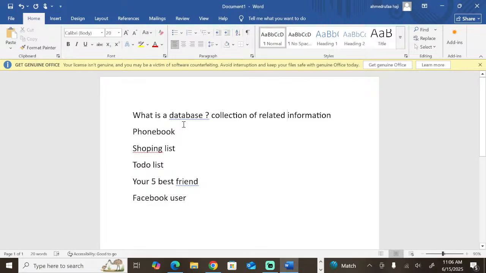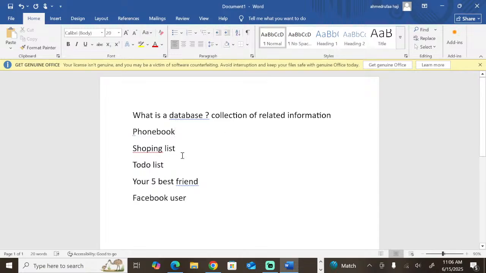So a phone book consists of numbers of people, all right? Let's say we have 10 people with their phone numbers. Those 10 phone numbers we are going to write in a sheet or book named phone book. So it is a collection of related information.